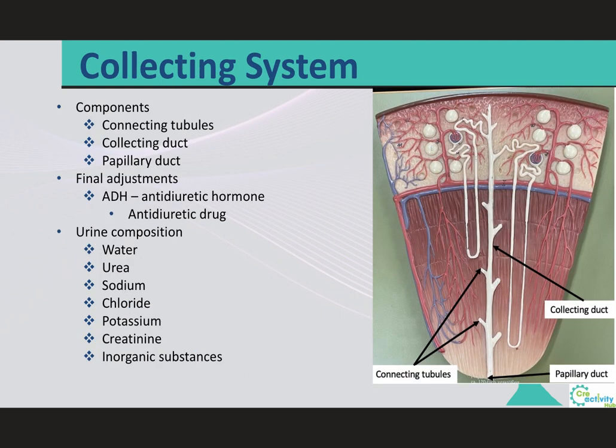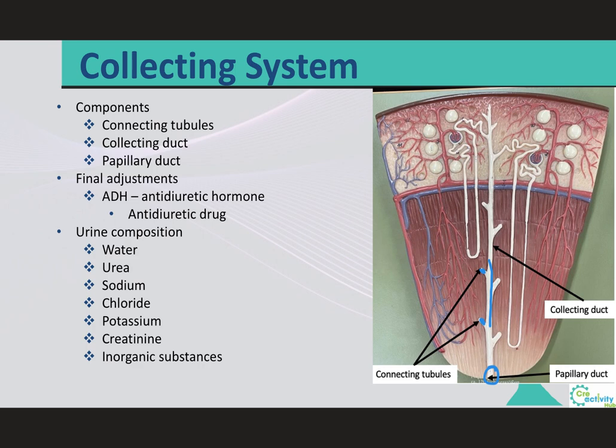So like I said, the distal convoluted tubule is going to be the last segment of the nephron. It's going to open into the collecting system, which will consist of the connecting tubules that will connect to the collecting ducts that will end in the papillary ducts within the renal papilla.